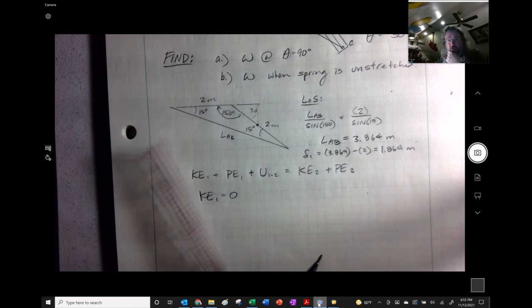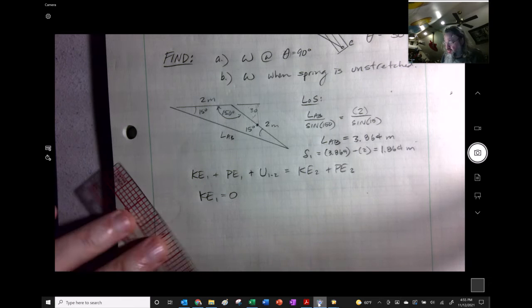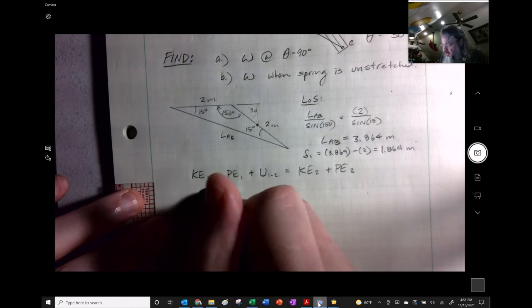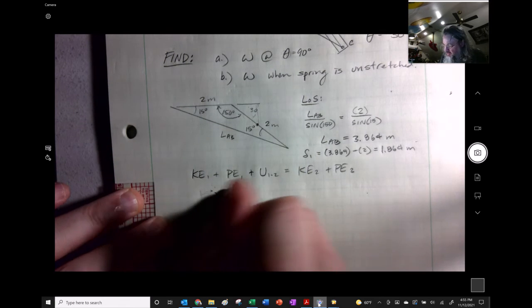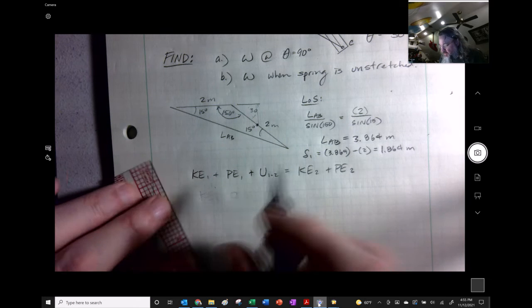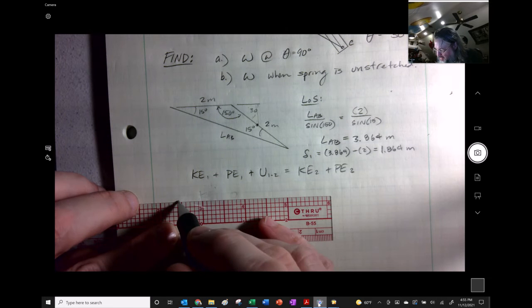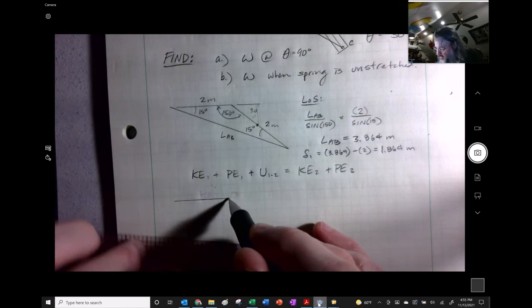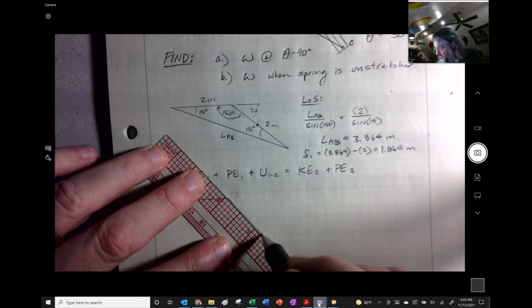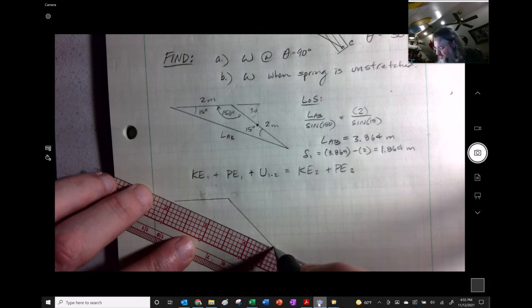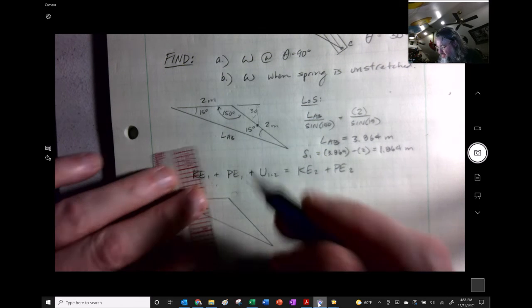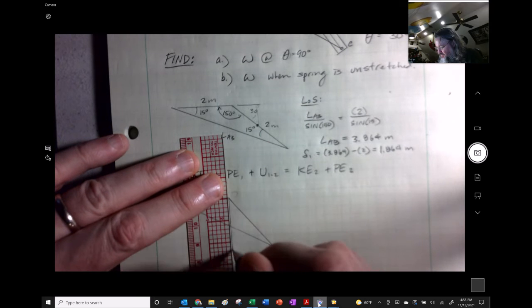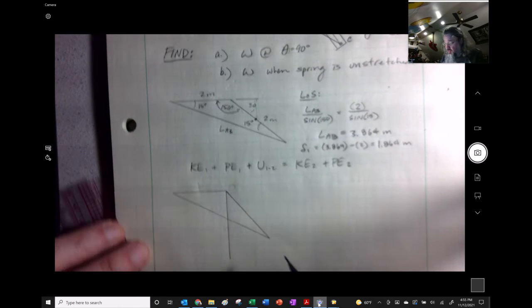I kind of want to draw another figure for this. So now I'm trying to think of where I want to do this. Let me draw it over to the side, right over here. I'm going to draw basically the same thing here, but for purposes of setting the datums and that kind of thing. So here's the length of this piece.